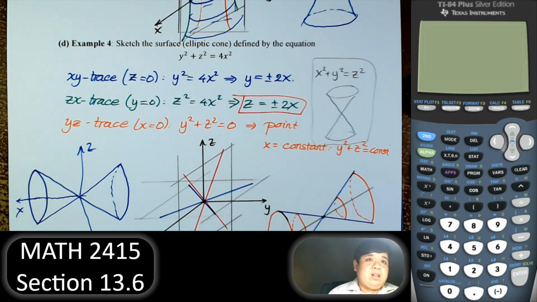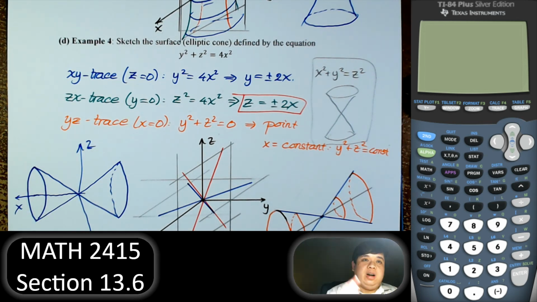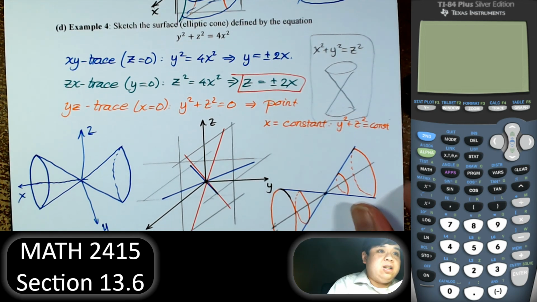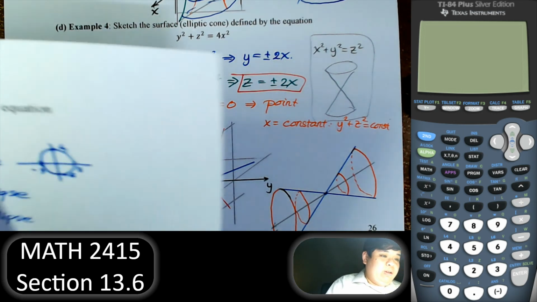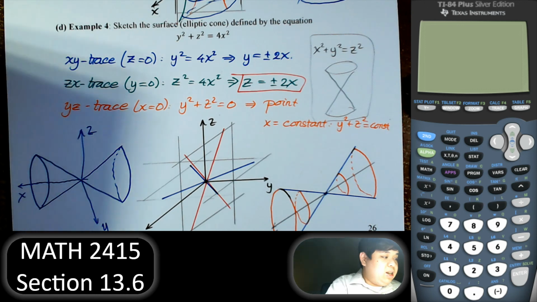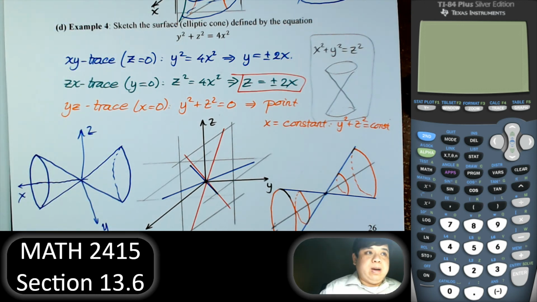Like I said, when we encounter a problem, I will just draw a bunch of traces and see the graph of it. It might be difficult to visualize things in 3D. But other than that, this is what we have for the surfaces in three-dimensional space. Don't worry about it.